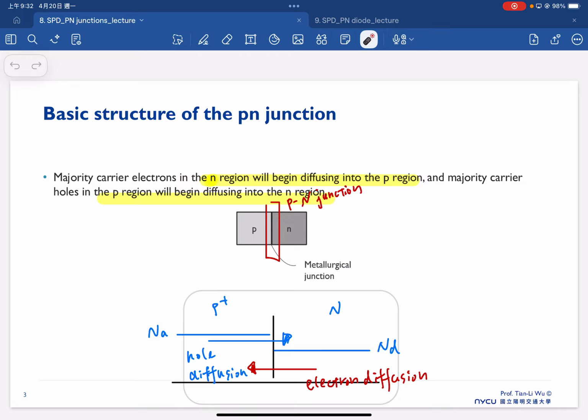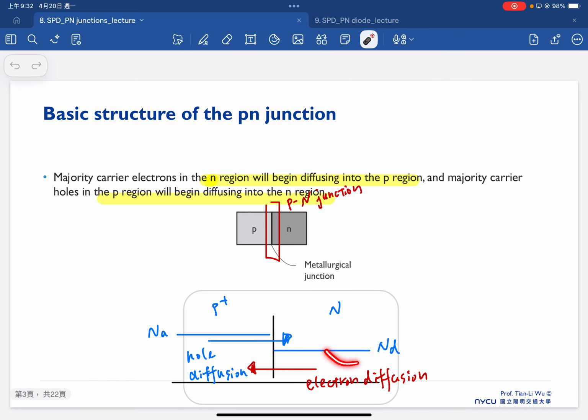In this case, we consider a little bit higher doping for the P-type, which we call P+, and a little bit lower doping for the N-type, where we have N here. If we only consider the diffusion mechanism, the first thing we will see is holes, because we have a higher hole concentration here, so the holes will start to diffuse to the right-hand side.